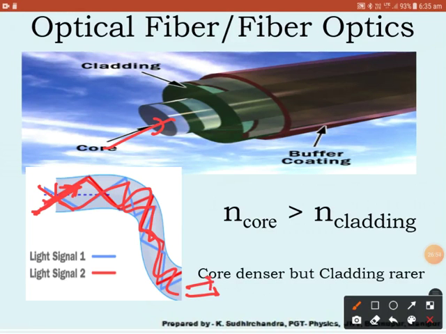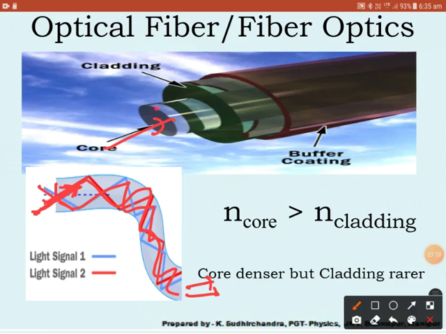Got it? So to know the structure of the optical fiber, it is made up of two transparent media. It may be similar or dissimilar, doesn't matter, but it should fulfill the conditions for total internal reflection to occur. What are the prerequisite conditions? Light should travel from a denser medium to a rarer medium, and its angle of incidence must be greater than the critical angle, right?